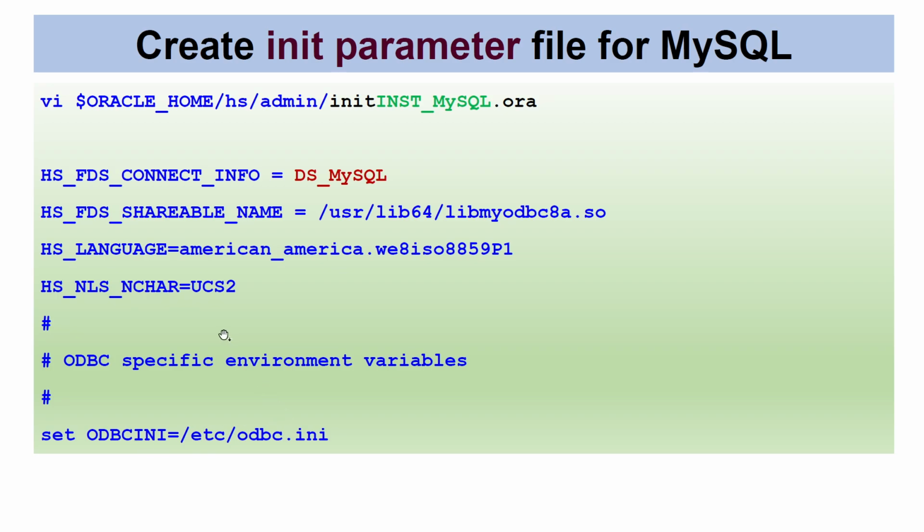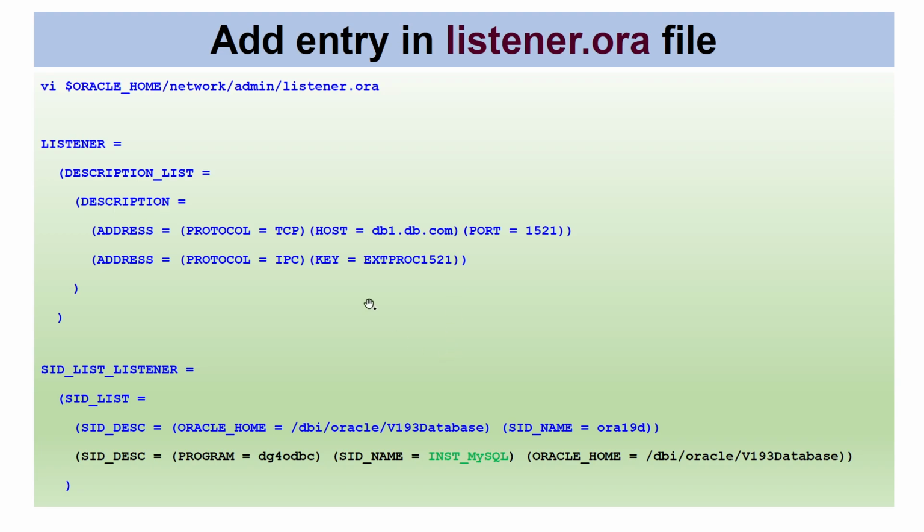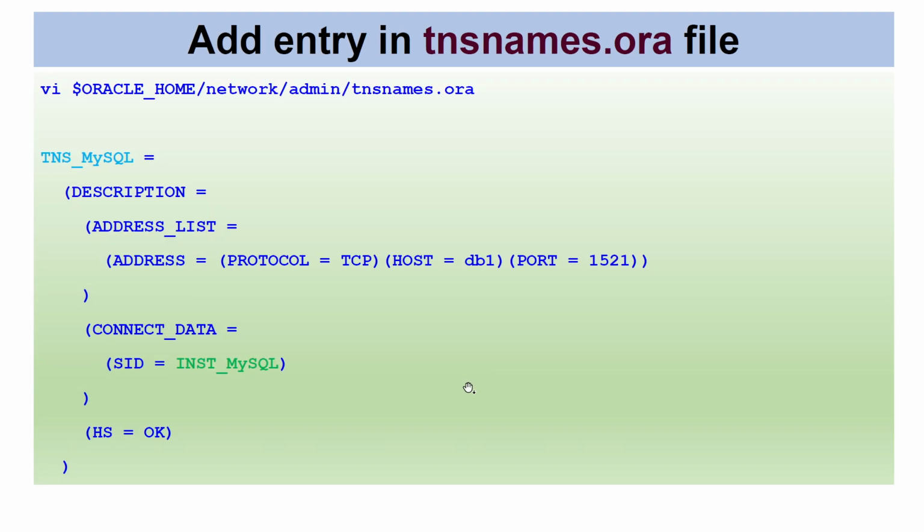Once you have created the init parameter file, remember this becomes your SID inst_mysql, which we will use in listener.aura to do the static registration using the dg4odbc program under Oracle Home. So we are doing the static registration of that particular SID. Once that is done, you are ready to create the TNS entry.